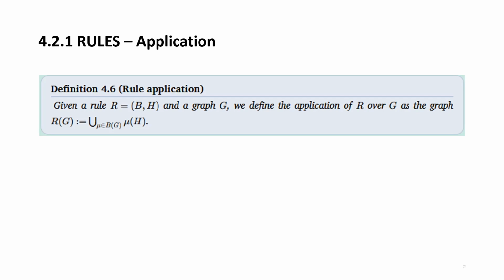For a given rule R with body and head B and H, and graph G, a rule is applied by computing the mapping of the body to the graph and then using those mappings to substitute the variables in H. So as you can see, R over G is the union of those mappings used to substitute the variables in H.